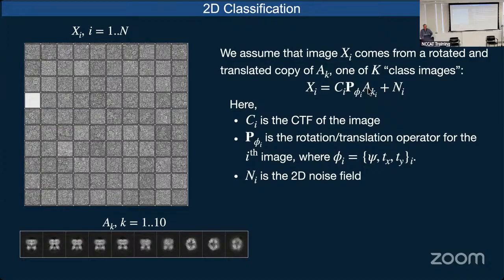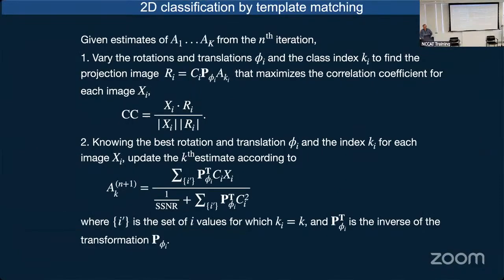I operate on it with some kind of rotation and translation, modify it by the CTF, and say that noise is added, and that's my model for one of the original images. We compare an experimental image with the reference and compute the correlation coefficient, and then we can estimate the average by doing this Wiener filter thing that I just said, and we can do this for each of the possible classes.